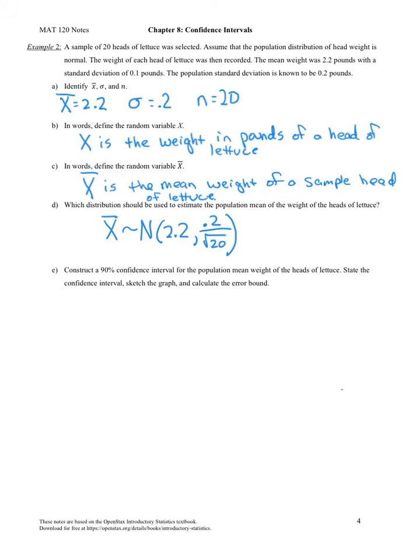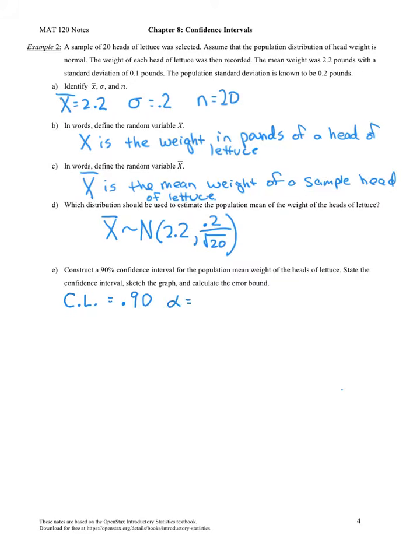Now, let's finally go ahead and construct a confidence interval. In letter E, we're asked to construct a 90% confidence interval for the population mean weight of the heads of lettuce. In this example, we know that our confidence level is 90%.